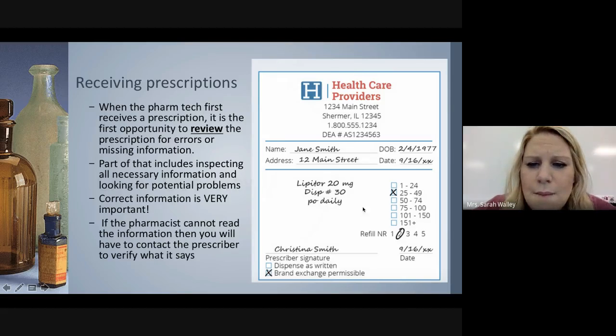I may come back to the screen when I talk about what needs to be on a prescription, but as you can see, up here is the healthcare provider's information. So this is the prescriber that prescribed the medication. It's got the prescriber's DEA number already on here, although for this specific medication you don't need it, because it's Lipitor, which is for high cholesterol.